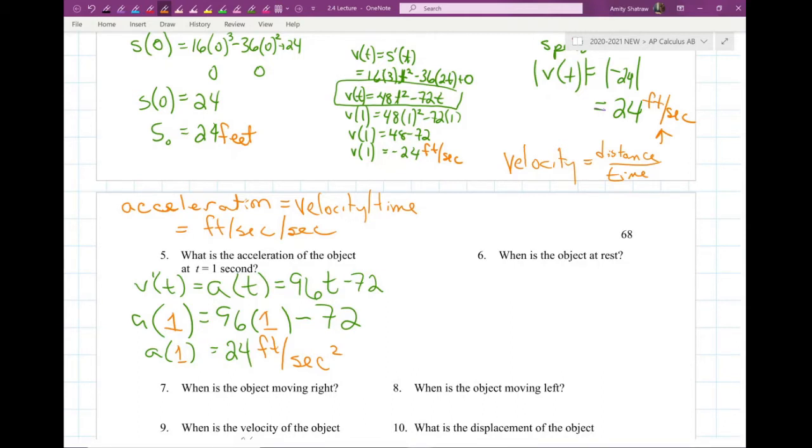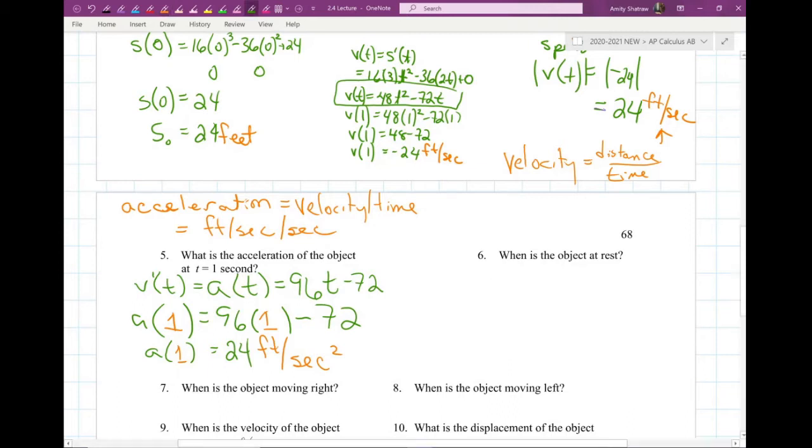For number 6, it says, when is the object at rest? So it turns out that if I have a velocity, meaning if I am moving, then it's not at rest. So meaning if the velocity is 0, right, and I don't have any velocity, I'm not moving anywhere, that's when I'm going to be able to find out when the object is at rest.